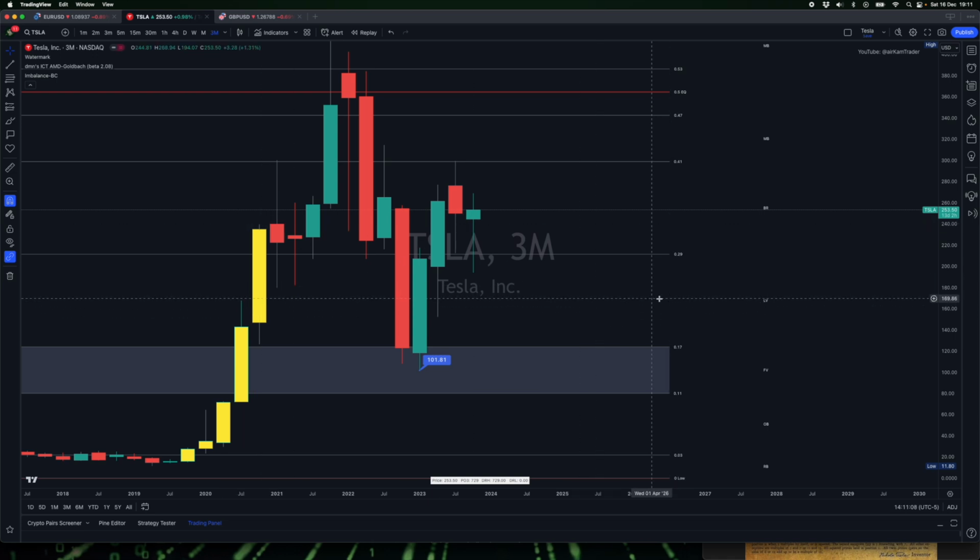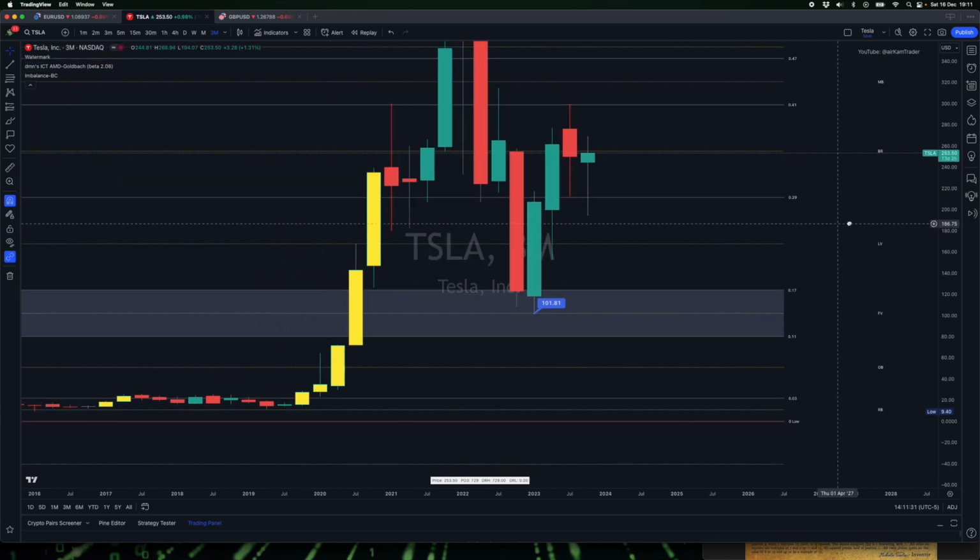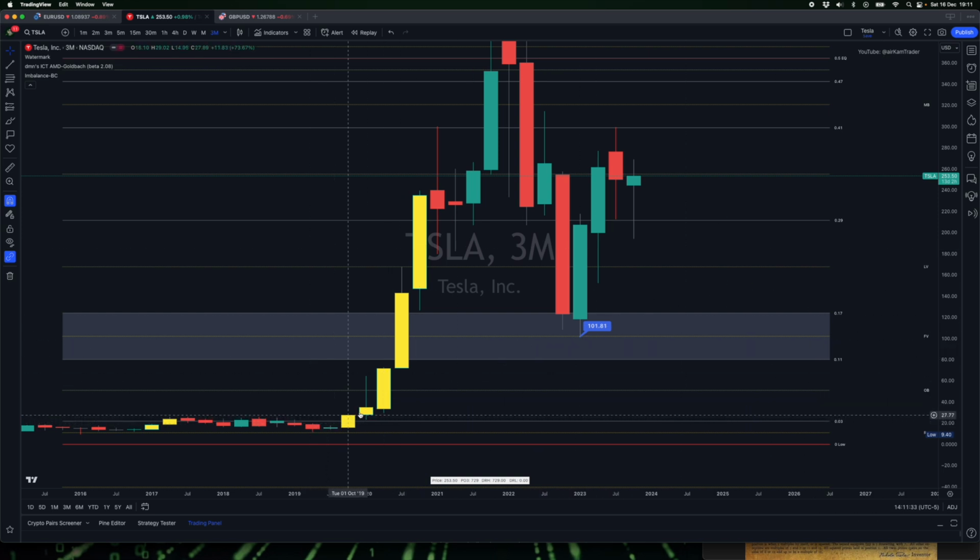So let me put the consequent encroachments back in, and then you can see the non-GB level of the liquidity void. There you go. Now all these levels are sensitive, and they have functions in the Goldbach algorithm, and I'll show you how sensitive this line was. Can you see this expansion that we had? What level did it hit? It hit the consequent encroachment.